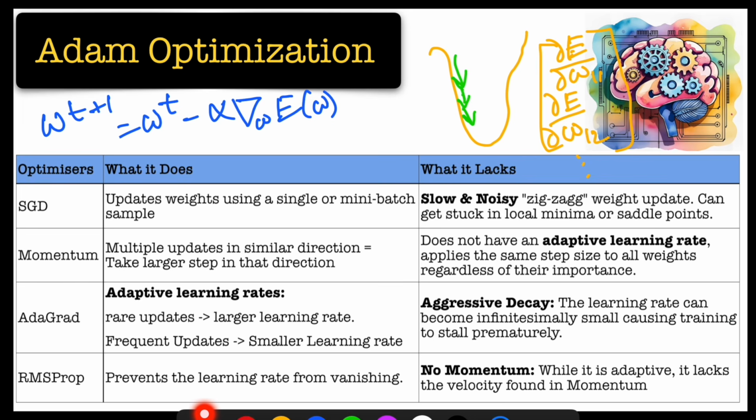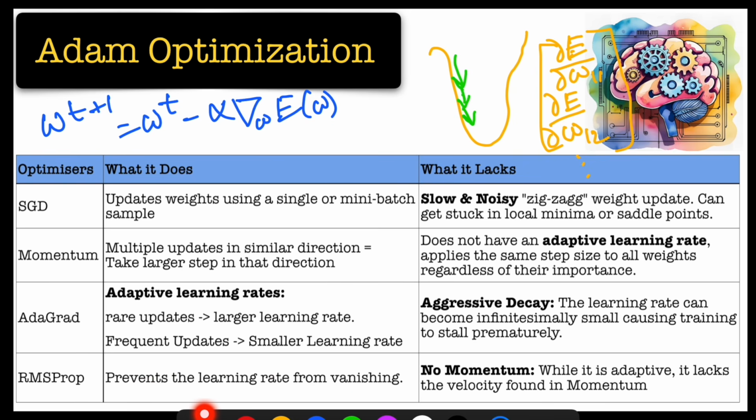The learning rate can become negligibly small, causing training to stall prematurely. For features which are getting updated multiple times, the learning rate can become very small, close to zero. That is the problem RMSProp is solving. It prevents this learning rate from vanishing.